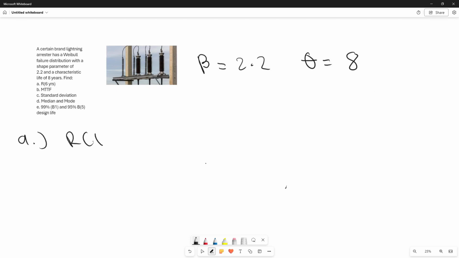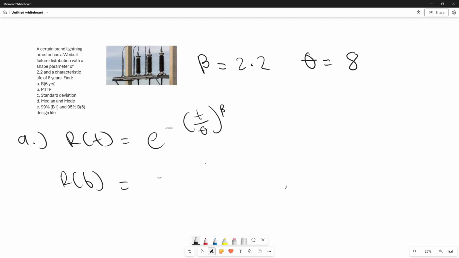Formula for reliability is given as R of t is e to the negative, so we're using t over theta raised to power beta, right? So time in this case, for R of 6, time is 6.